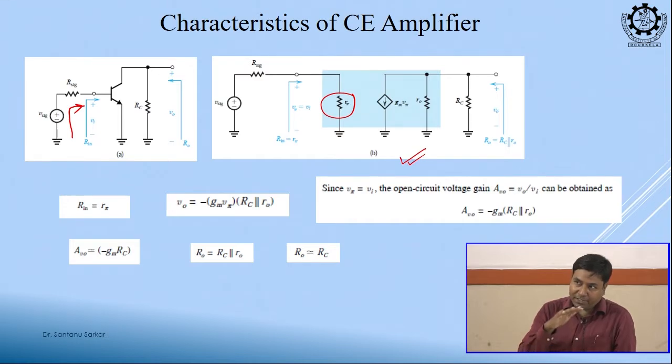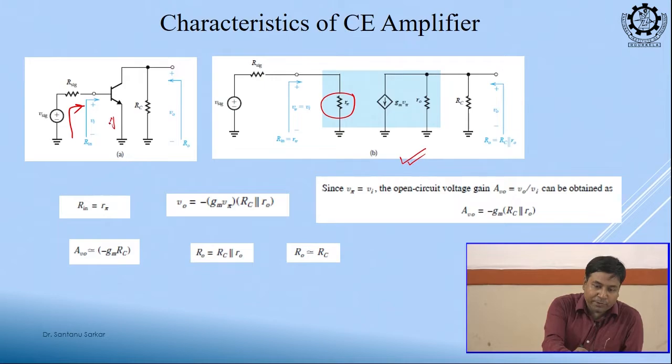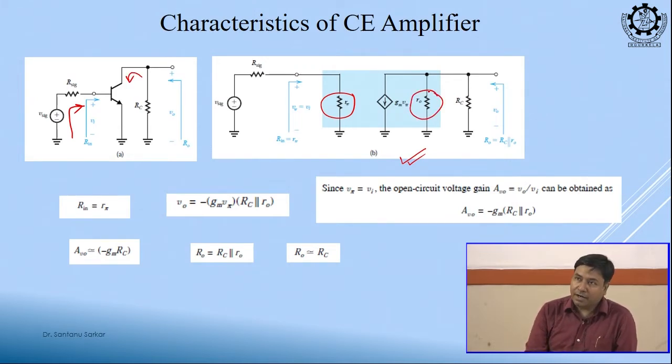So, R pi ranges from moderate resistance to very high resistance. If you look in from the emitter, what should be your resistance? High or low? Emitter current is high, so resistance should be low. If you look from the collector terminal, what you see? R naught. Clear? So, you should be familiar with this.